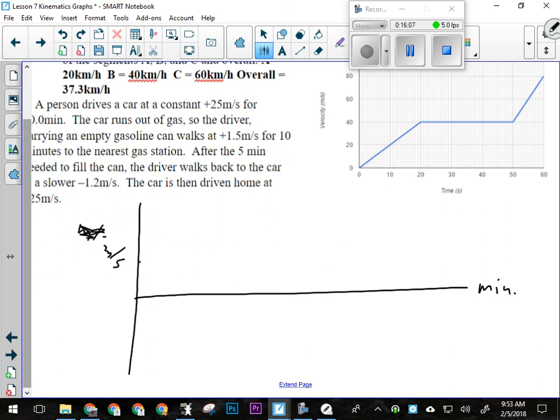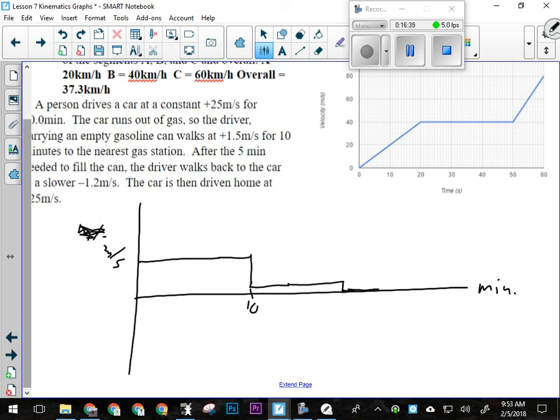First it says it travels at 25 meters per second, and it does that for 10 minutes. Then it runs out of gas, so the person walks at 1.5 meters per second for another 10 minutes. And then they fill up the gas can, and that takes 5 minutes, so something like that.